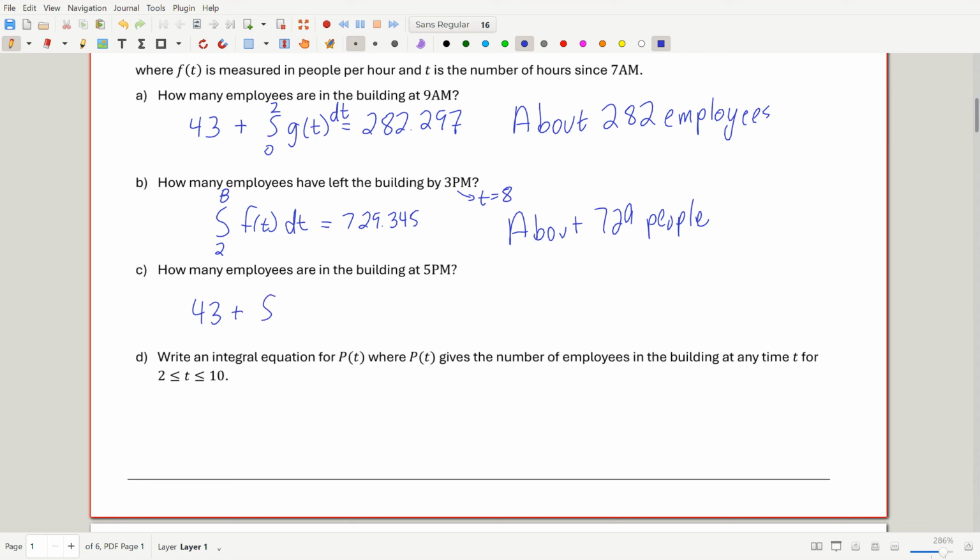If 3 was 8, then 5 must be 10. So we'll go from 0 to 10 on g of t. I don't know why they wrote them backwards, g before f. And then we'll subtract the integral from 2 to 10 of f of t dt.